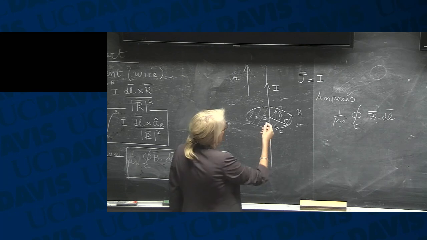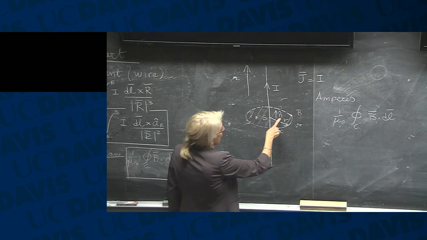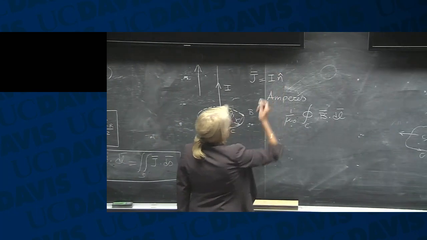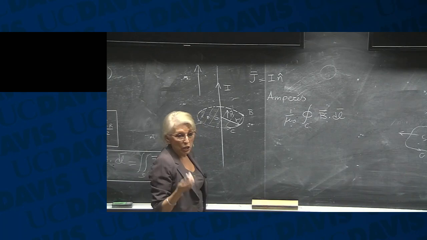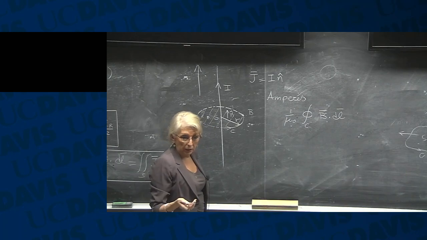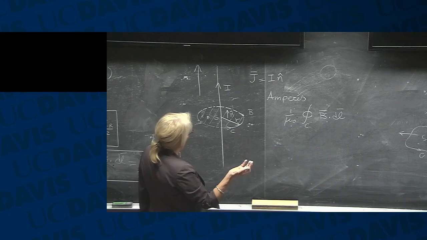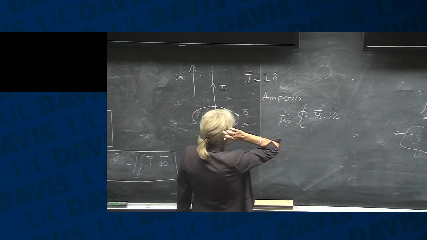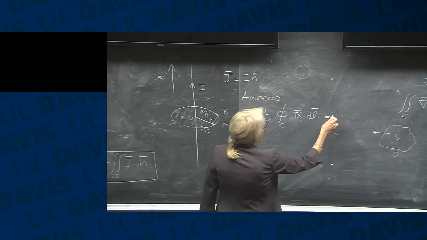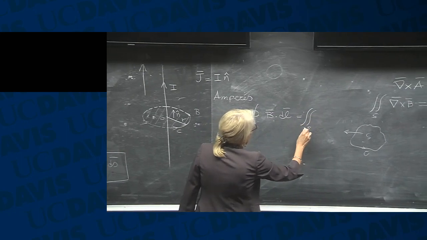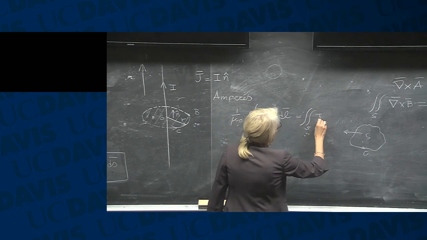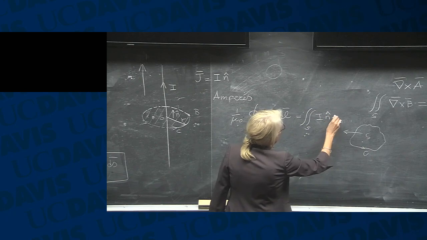Okay? And then we have already called this direction n. That's the same direction of the surface. It does not have to be the same. It could be something different. But now it happens to be that. And in here, I would have the surface integral of I n dot ds.